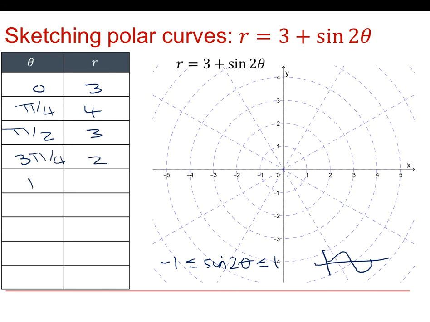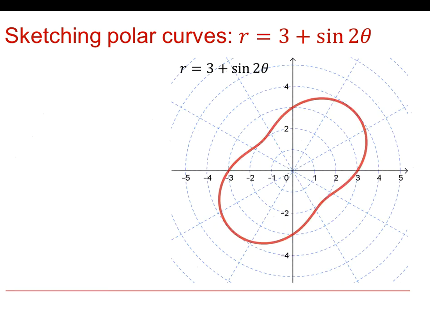And then we might spot the pattern. In a similar way, we could build up a sketch of a graph by plotting points and then smoothing the curve as best we can between them. We can see here that the value of r oscillates between 2 and 4 for this curve.